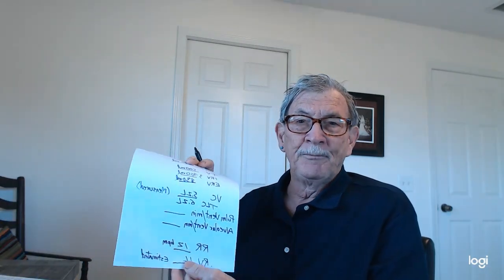6.2. Now I know people, when I start using numbers, about half the class almost has a heart attack because it's math. This isn't math. This is second grade arithmetic. 5.2 plus 1 is not math.